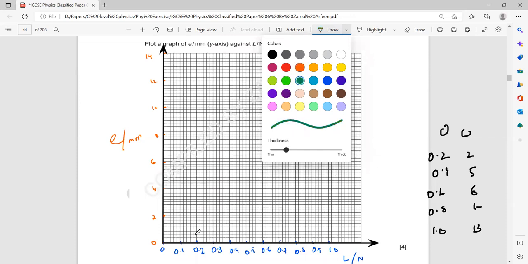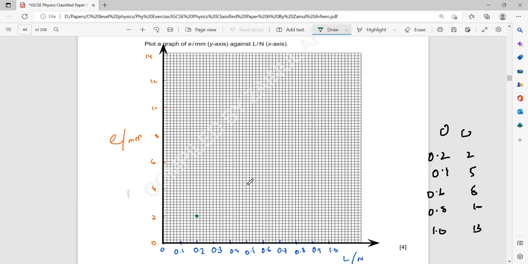So first one, 0.2 and 2. Maybe because of the screen, my points might be up or down, but I will try to use the exact value. 0.4 and 5. So it will be 5 boxes above 4.